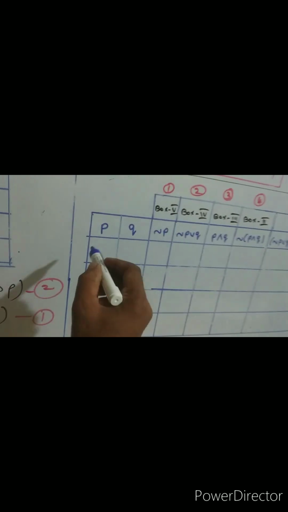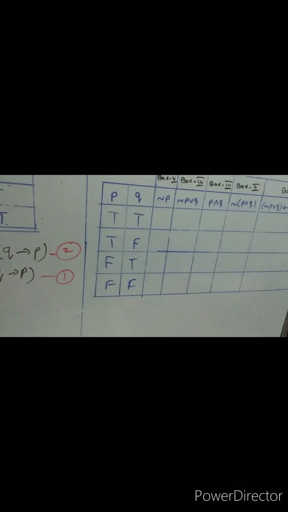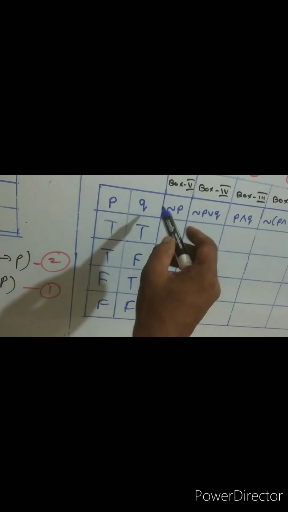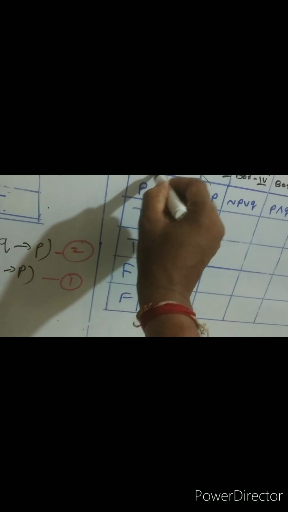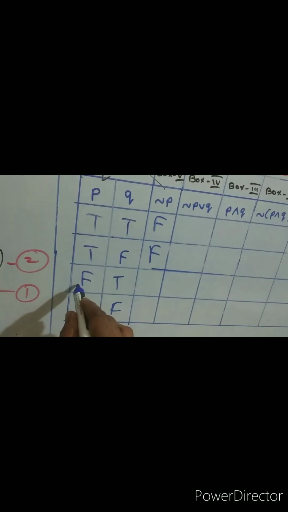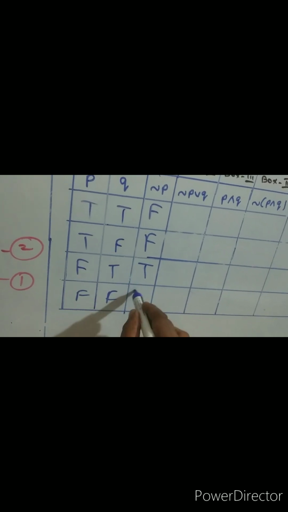And the same way we have to fill up here. T, T, F, F. T, F, T, F. The opposite of P: opposite of this, F. Opposite of this, F. Opposite of F, T. Opposite of F, T.